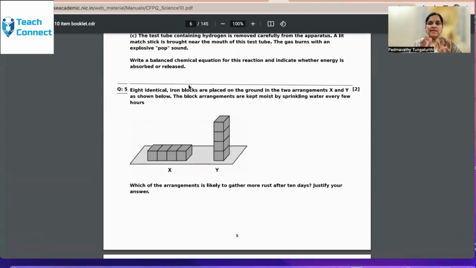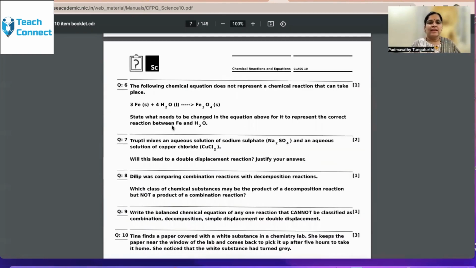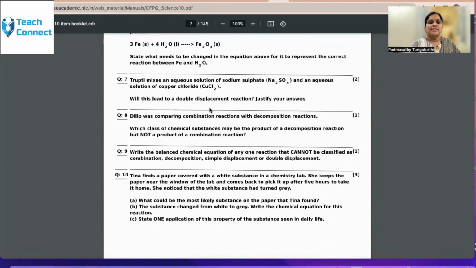And this surface area concept and the reactivity of a substance when exposed to air, that's a chemical reaction occurring. Here, the state in which the reaction occurs. This is again a double displacement reaction, whether it has to happen or not. That means not only understanding a double decomposition reaction, the child has to understand the reactivity series included in this.